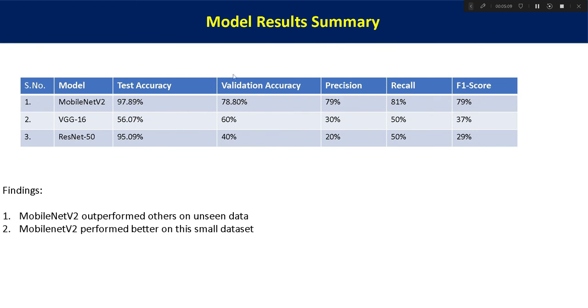Now, if we talk about validation accuracy, this accuracy is on the set which is completely unseen to the model, that is the validation set. And here we can see that MobileNet V2 also performed well with 78.80% accuracy, whereas VGG16 has 60% accuracy, while ResNet 50 has only 40%.